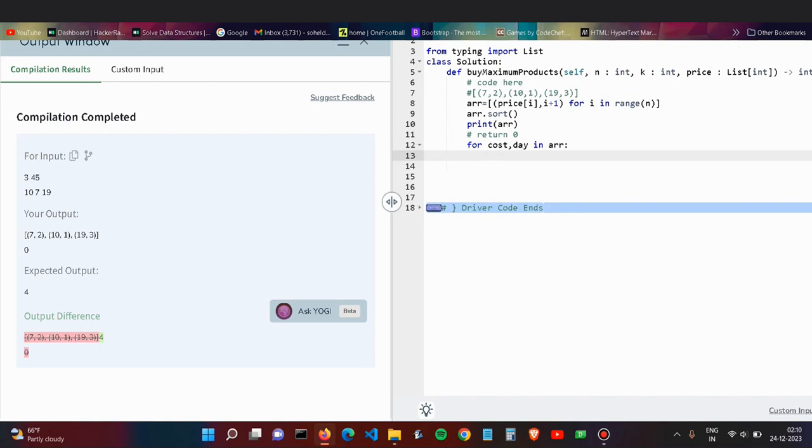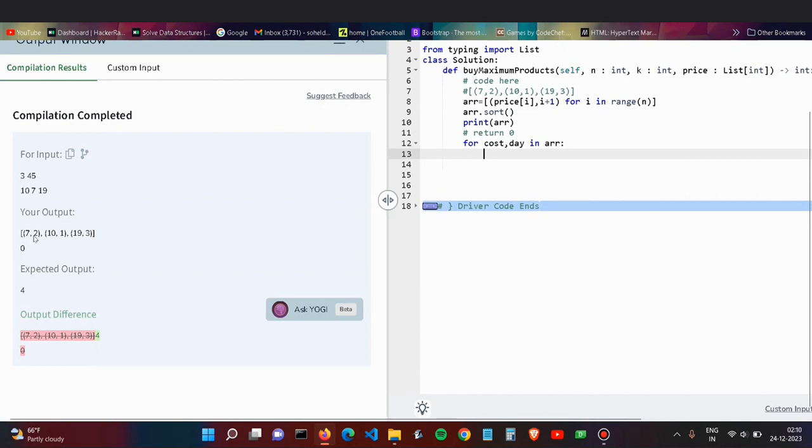I'm showing you what we will get: we will get 7, 10, and 19 in cost, and the next elements, 2, 1, and 3, inside d. I'll show you once, it may be easier.